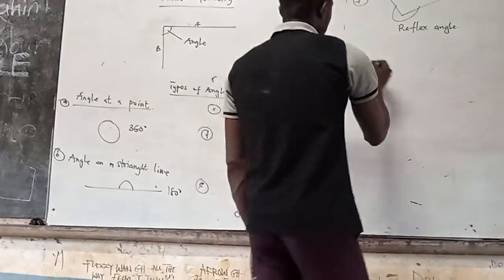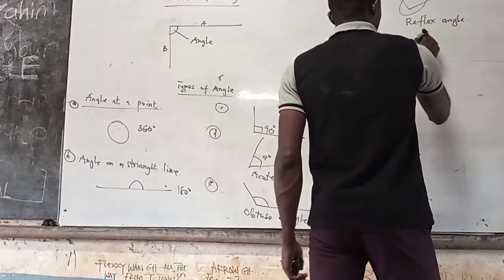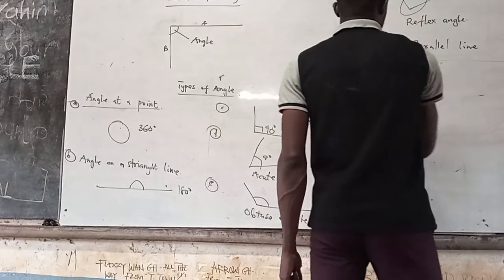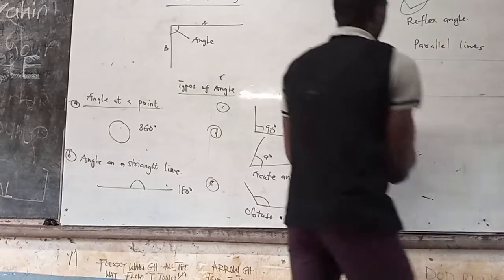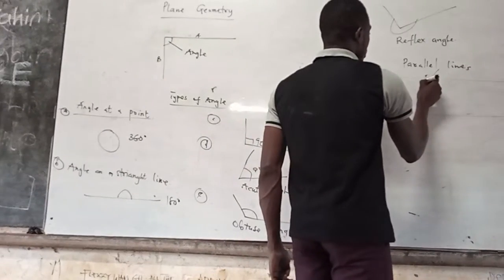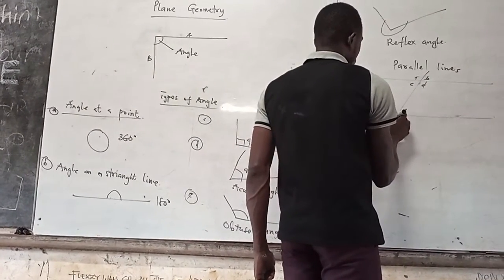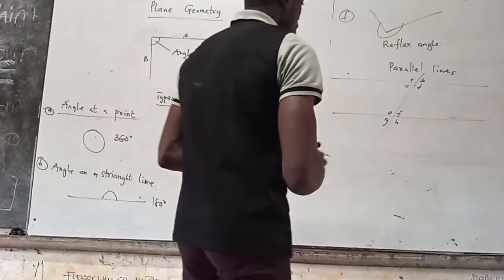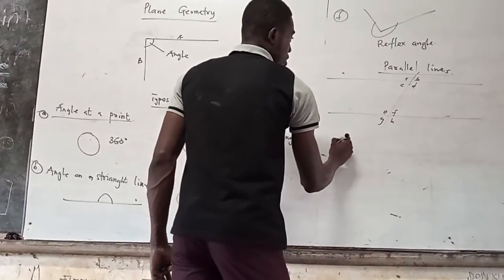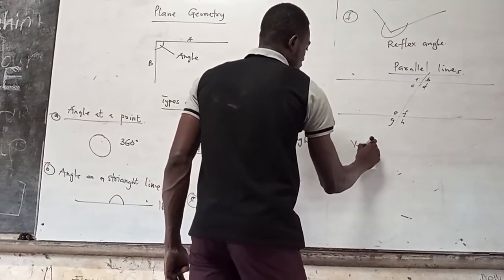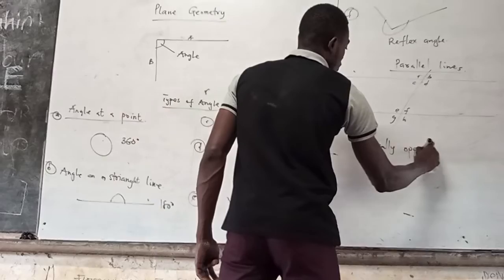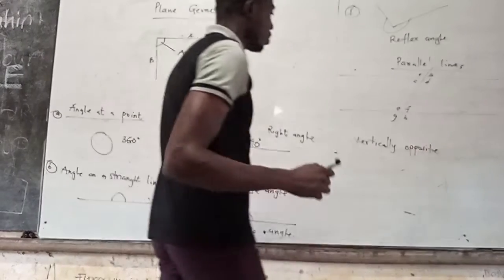Now let's talk about angles that are formed when we have parallel lines. So we have these lines in a summary. Here is A, B, C, D, E, F, G, and then H. In a summary, we talk about vertically opposite angles.